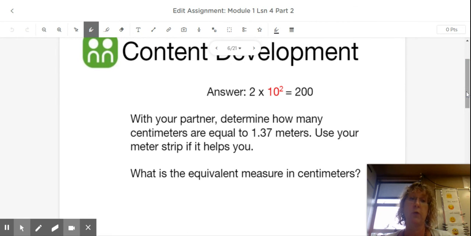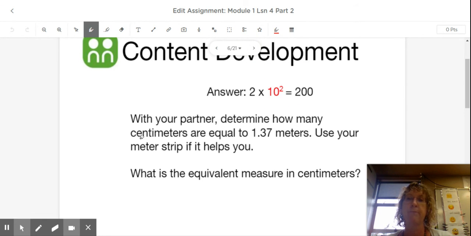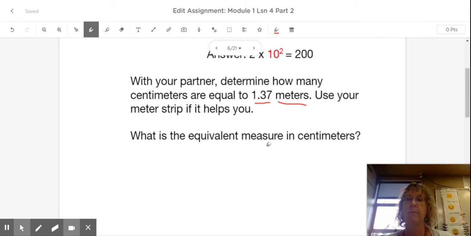Now, you don't have a partner at home, but you can do this with me. How many centimeters are equal to 1.37 meters? So I'm starting with meters, right? So I'm going from big to small or small to big. 1.37 meters equal to how many centimeters?